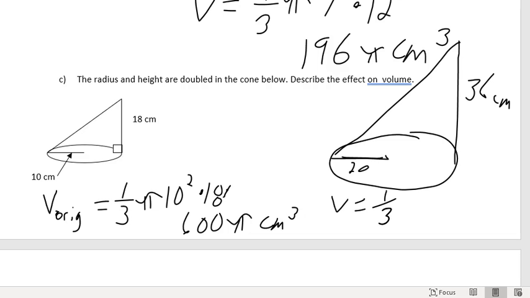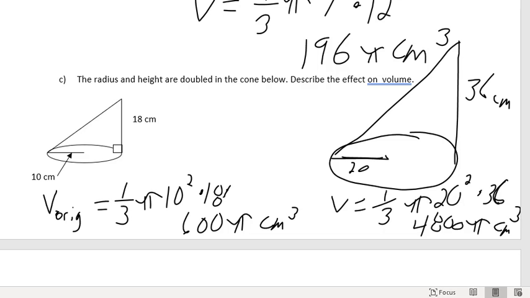Plug it into our formula, 1/3 pi times 20 squared times 36. When we calculate that through, 14,400 divided by 3 gives me 4,800 pi centimeters cubed.